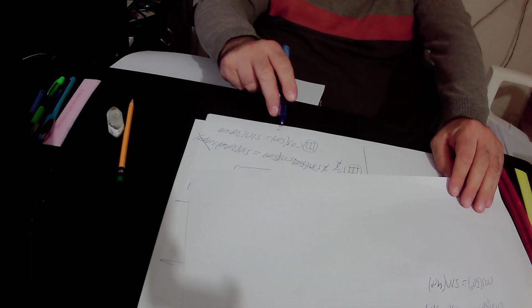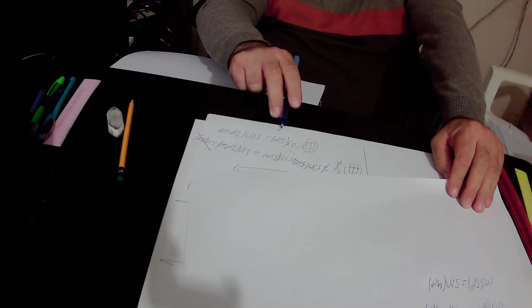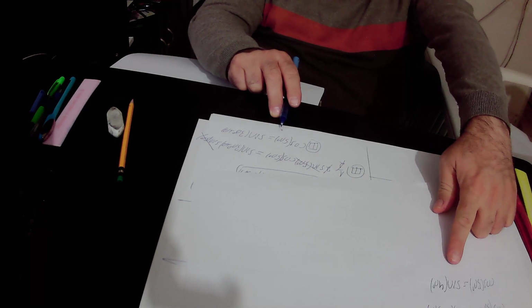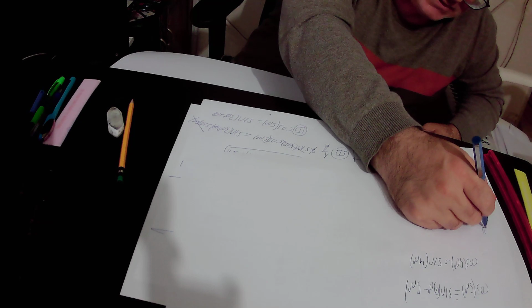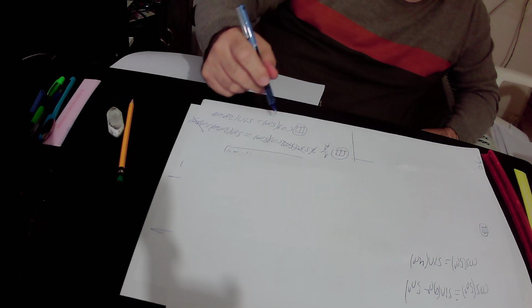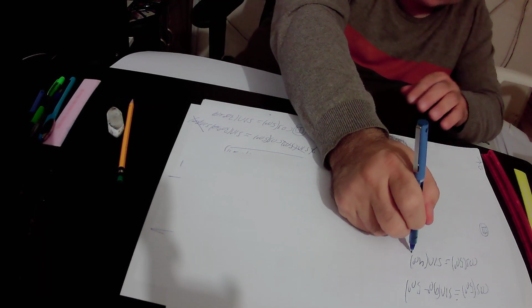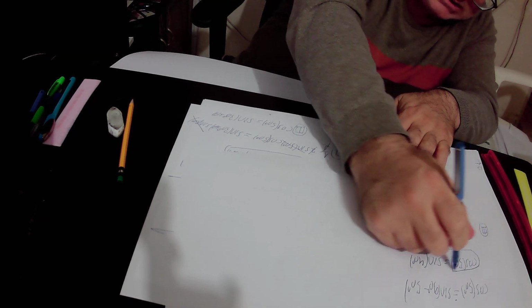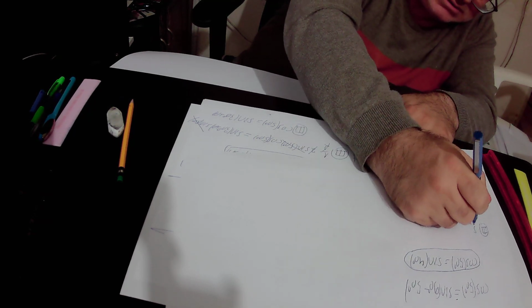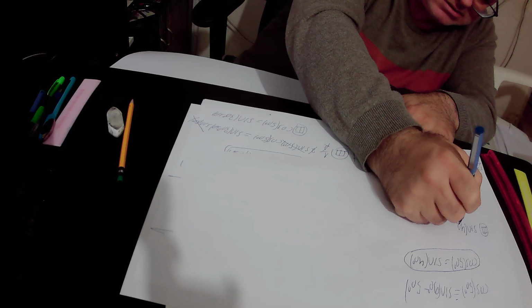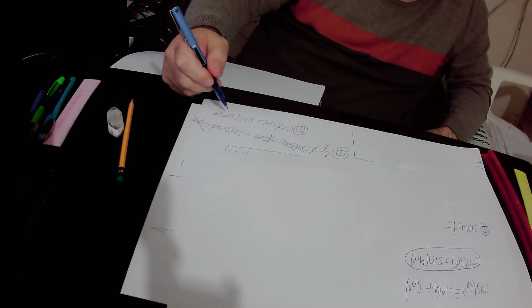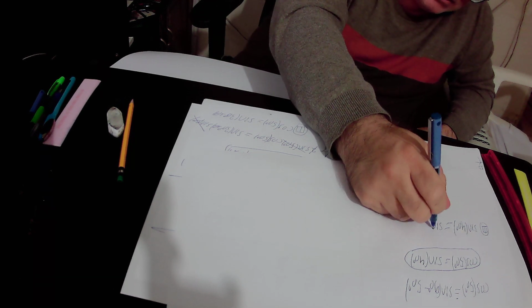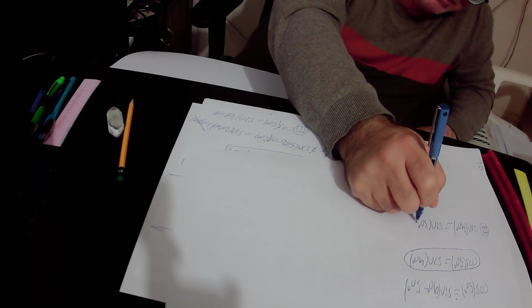So we can substitute in equation number 3 cosine 50 degrees by sine 40 degrees, and it equals sine 30 degrees plus theta.